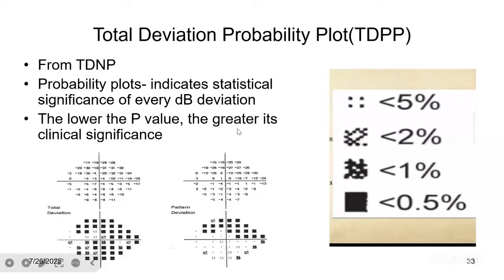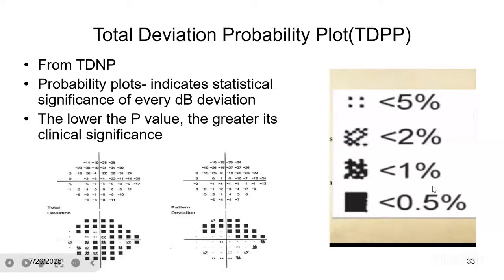Once you do that, there are symbols attached to it. For example, if the statistical significance is less than 5%, it means this abnormality is seen in less than 5% of the population. So the lower the p-value, the probability value, the more its clinical significance.